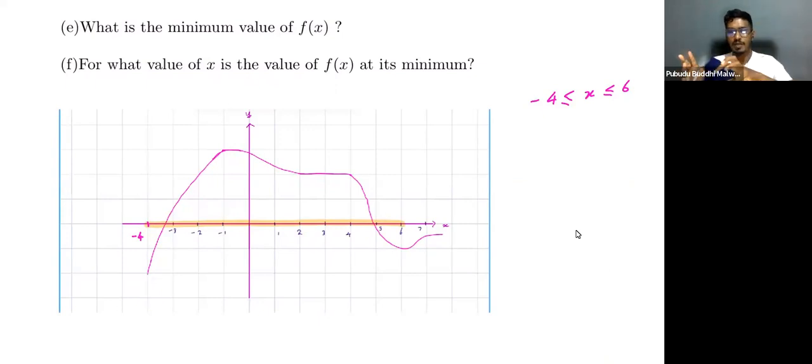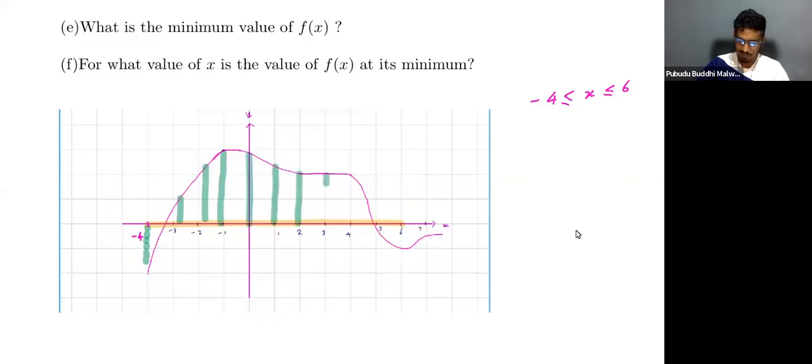Then what's the minimum value? That is the minimum value of f of x. We can easily draw a few vertical lines like this for each value, then compare to get the minimum value, right? Positive values can't beat negative values because negative values are lower, less than the positive values.